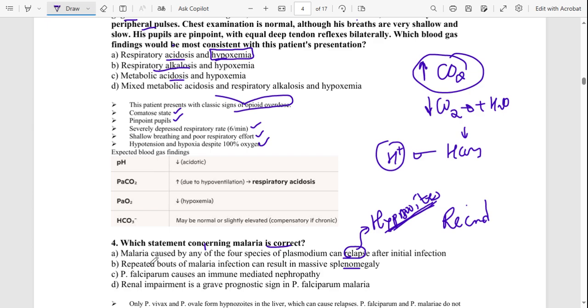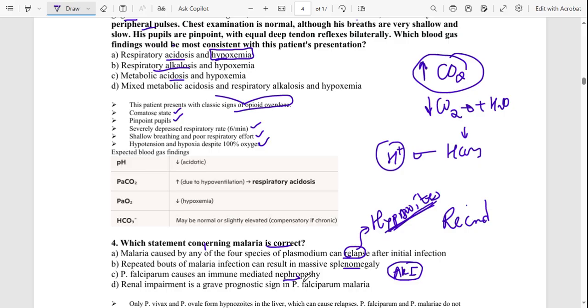C is saying Plasmodium falciparum causes immune mediated nephropathy. Yeah, Plasmodium falciparum is going to cause AKI, kidney injury. But specifically, this is not really immune mediated.